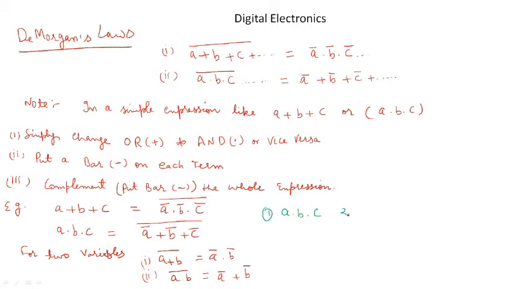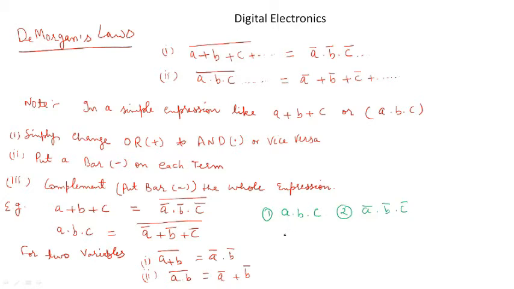Now the second step is to complement each term, so we will complement each term of A dot B dot C. Here you can see that we have applied the bar, so it will be A bar, B bar, C bar.